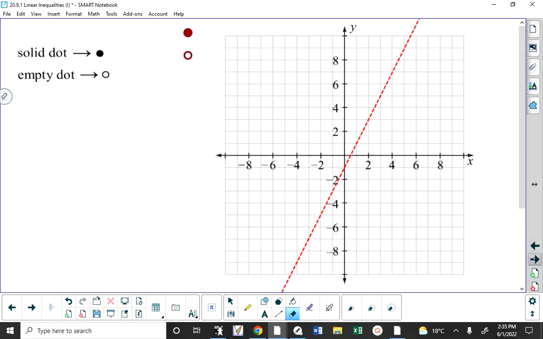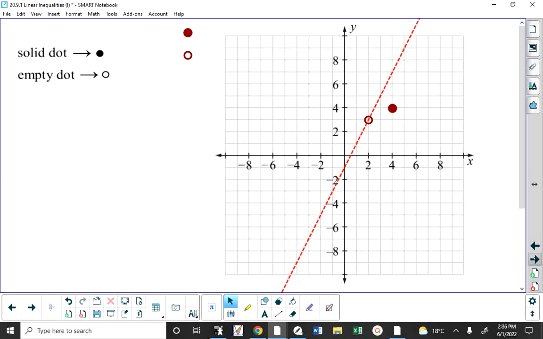So the point 2, 3 is not a solution, and I'm saying we're going to plot it with this. 2, 3, that's right there. So you can put a little open dot there. 4, 4 is a solution. So I'm going to use a solid dot. Now I'm drawing a big blobby dot.